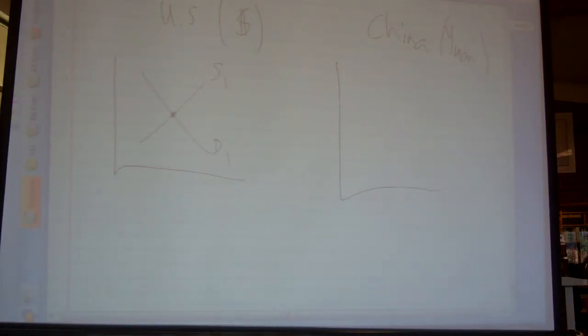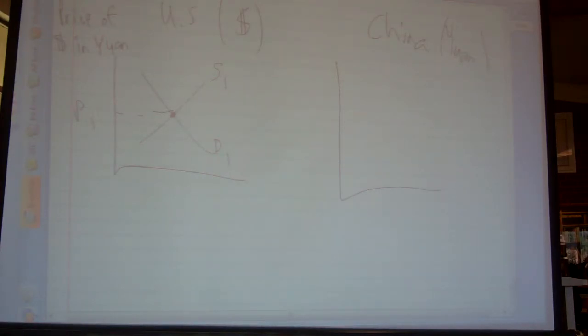We have an equilibrium point, right? And that's known as, how are we going to label that in the U.S.? That's right, the price of the dollar or the yuan? Price of the dollar. Very good. And that's what you can label this axis, right? The price of the dollar in yuan.